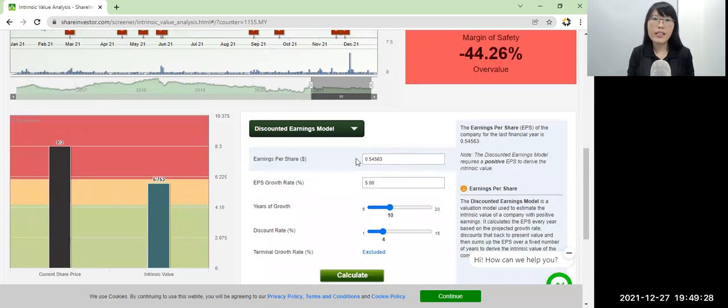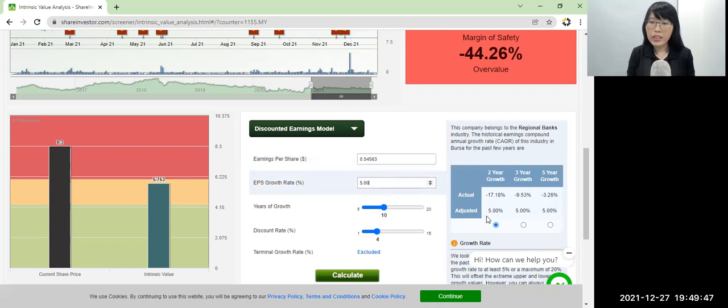So you can see the system already calculated for you the earnings per share for Maybank, which is 0.54563, and the earnings per share growth rate is also already calculated for you, adjusted to 5%, for 2 years growth, 3 years growth, or 5 years growth.